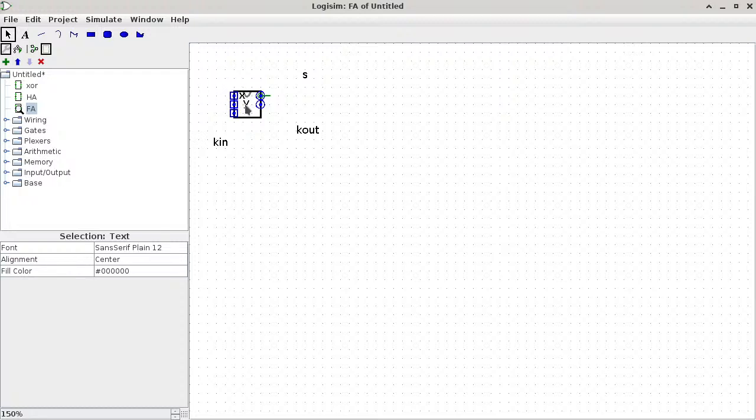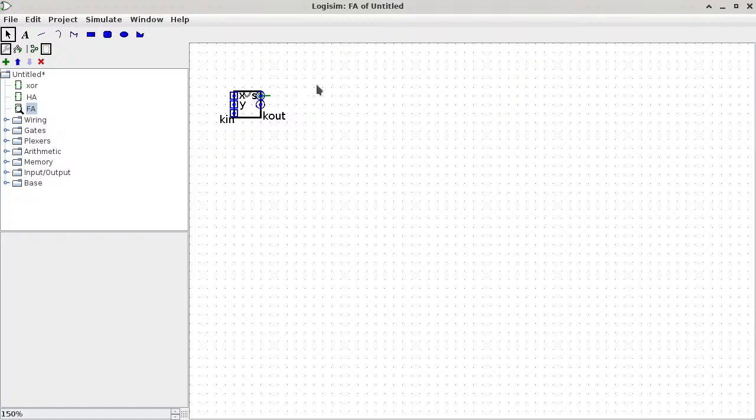We can put Y here. K in is a little bit too long. I'm going to have to put it outside. K out is also too long. Kind of put it outside. And then the sum bit is going to go here. There we go. Okay, I think it's acceptable. Not the best looking kind of design, but it's going to work.